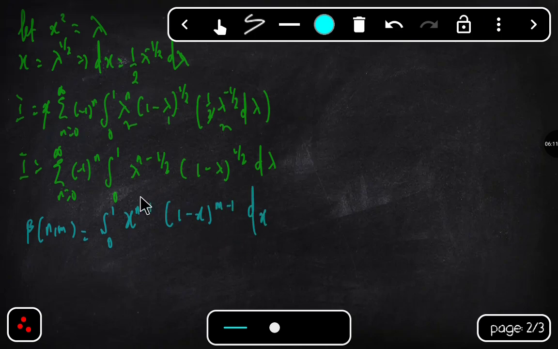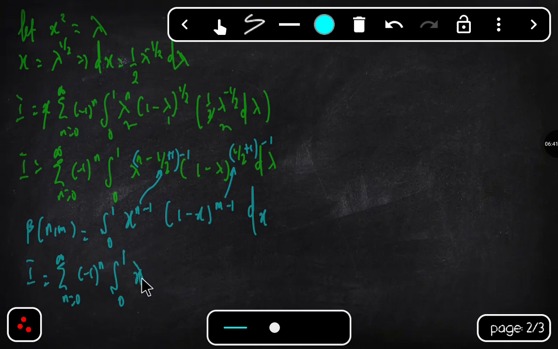So how can we transform this into this form? Now, this is what you're going to do. You're going to add 1 and subtract 1. Okay, so then we're going to have I is equal to the sum of n from 0 to infinity of negative 1 raised to the power of n, then integral from 0 to 1 of, so negative half plus 1 will give us half.